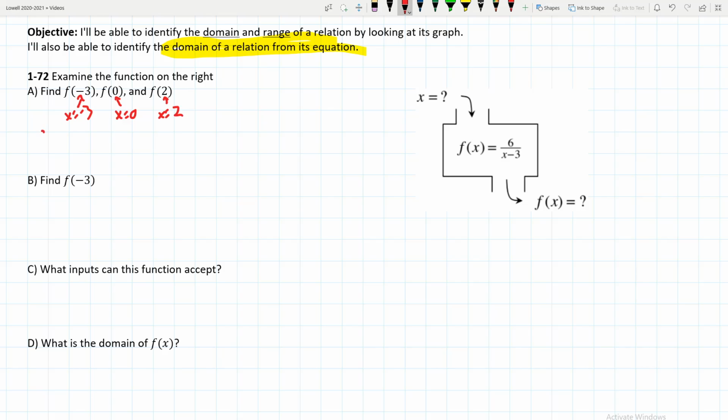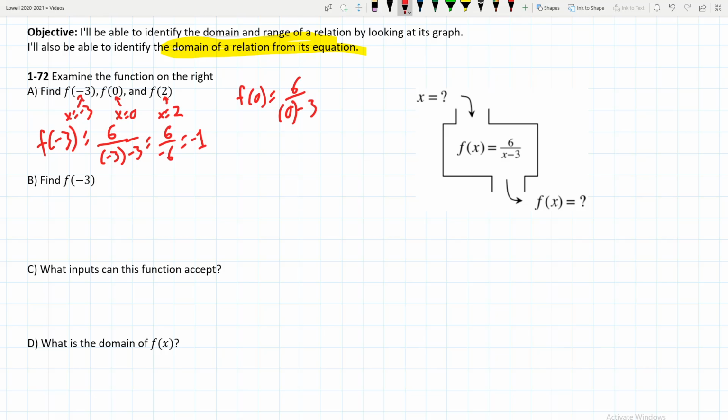So let's see, f of -3, that's going to be 6 divided by -3 minus 3. So that'll be 6 divided by -6, which is -1. Likewise, f of 0 would be 6 divided by 0 minus 3. And I'm going to put parentheses. I always put parentheses around my input just so I know exactly what is happening.